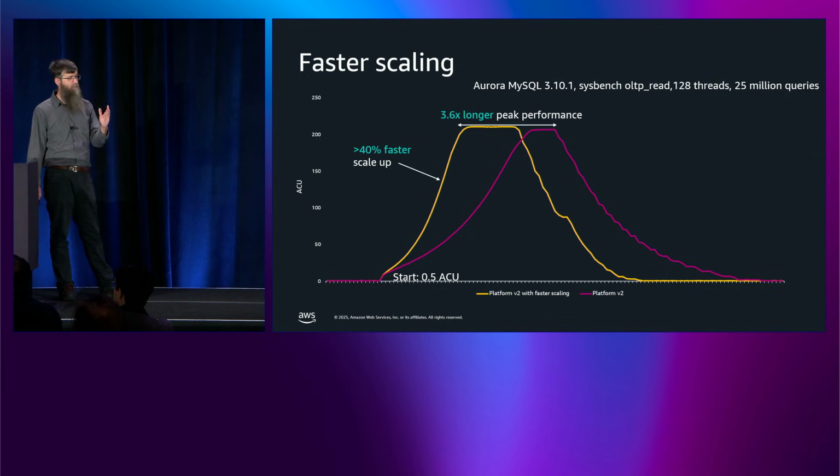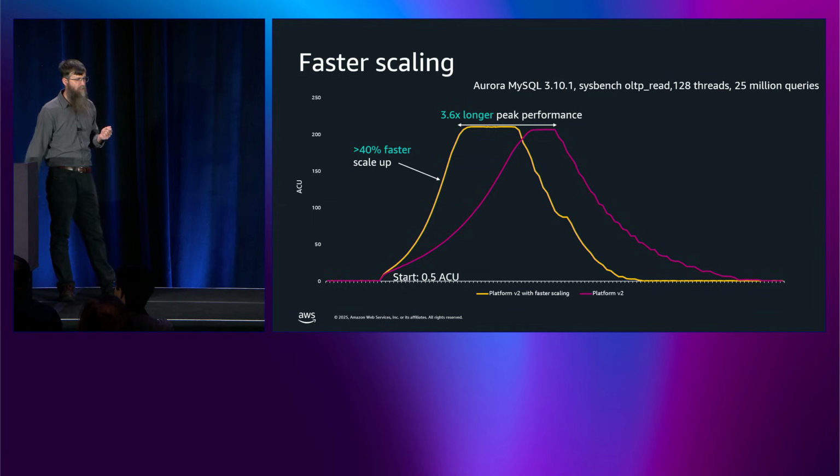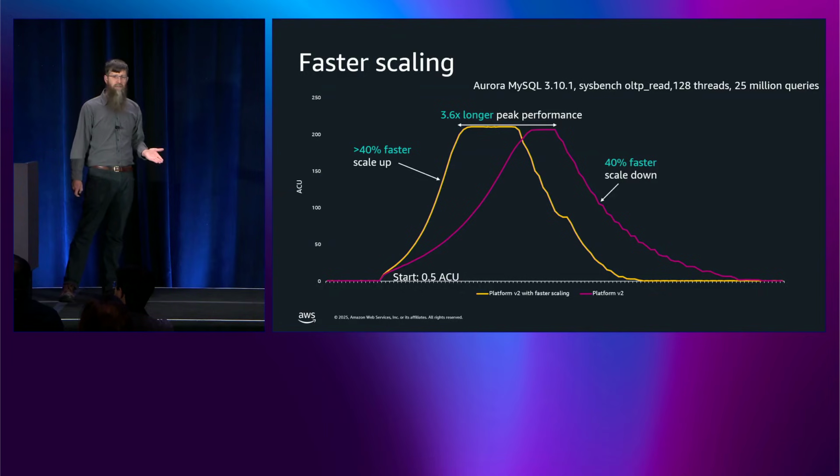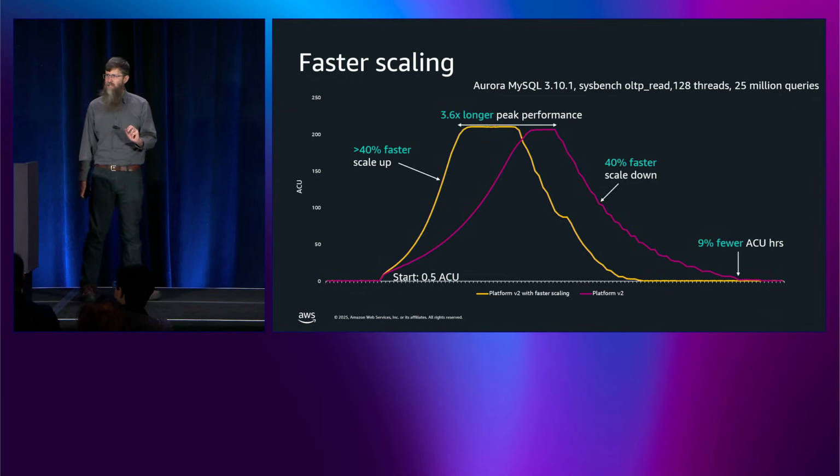Then because we scaled up faster, that peak performance at the top runs for longer, so we can get your workload done more quickly for longer time, 3.6 times longer. And then we scaled down 40% faster too. So if you integrate all of that, then towards the end, you'll notice that's used 9% fewer ACU hours. They're the things you pay for, right? So you're paying 9% less for this particular test. That's great. So that's platform version 2 faster scaling.